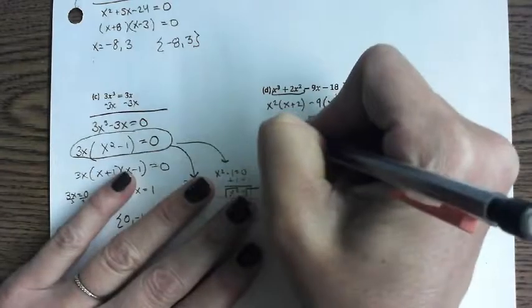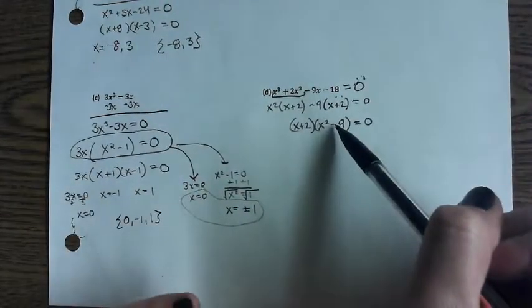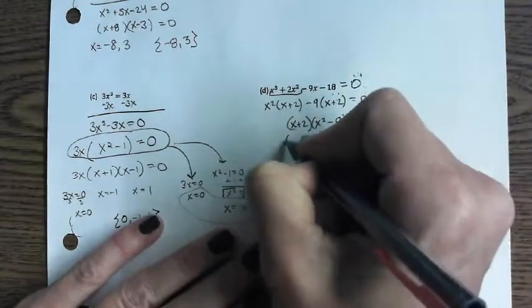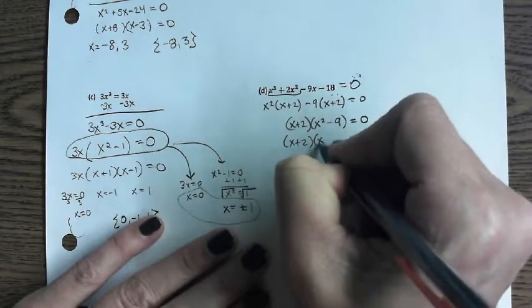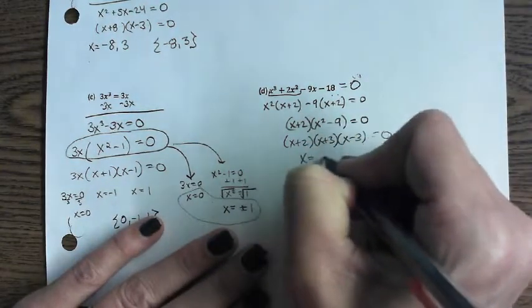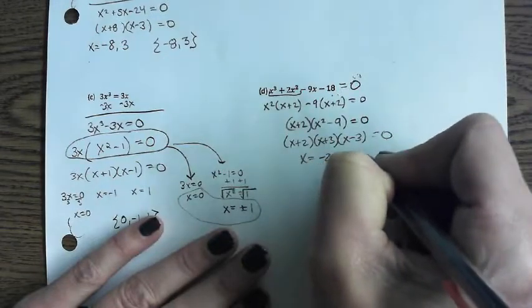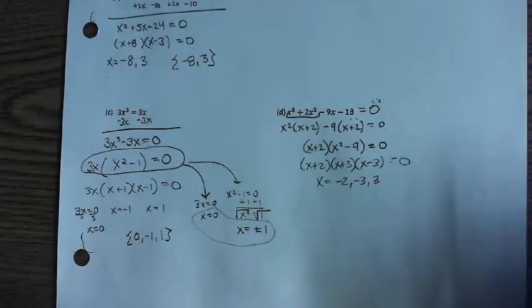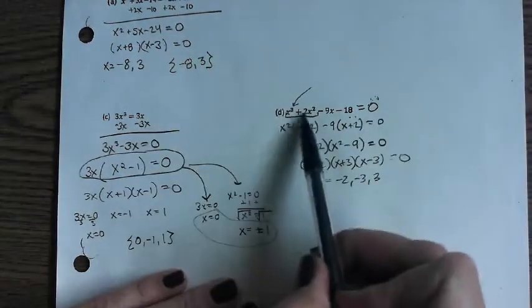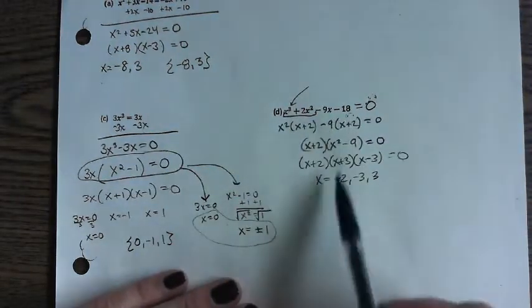So x equals ±2. And by the way, that's if you don't realize or choose not to factor your difference of perfect squares further into x plus 3, x minus 3. And then you have -2, -3, and +3. Just so you know, this is a pattern you're going to have to start realizing more and more. The degree of this was 3.